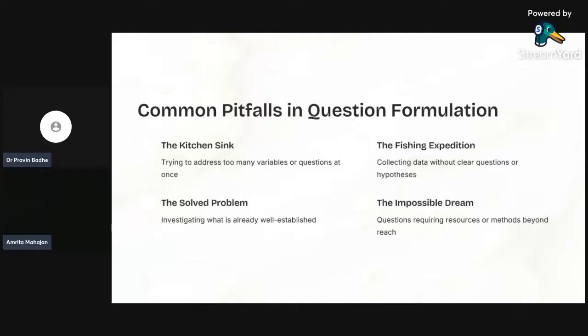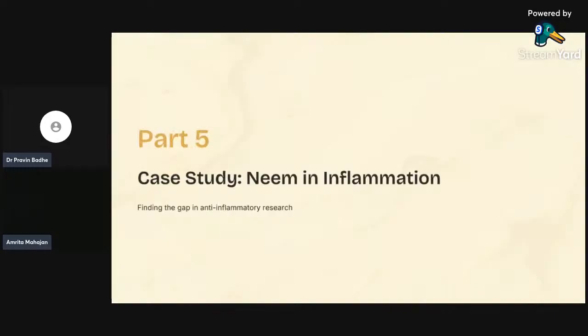Or the question is simply too vast to answer given current technology or knowledge. So these are the four pitfalls that researchers make when formulating a question. The last part is the case study on neem in inflammation.